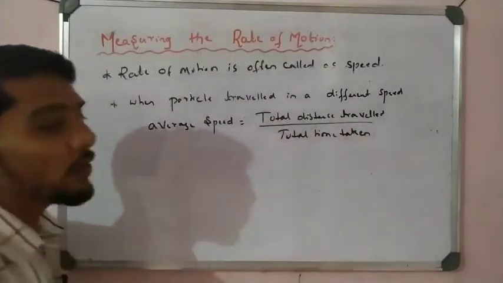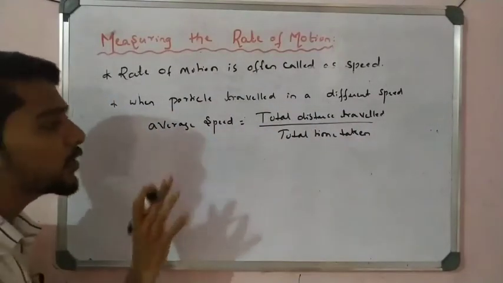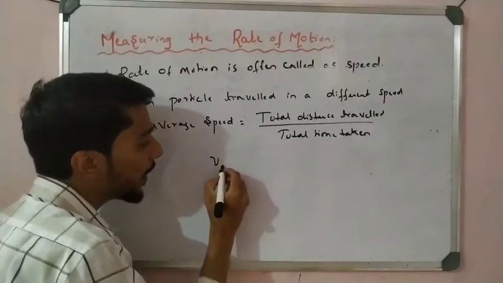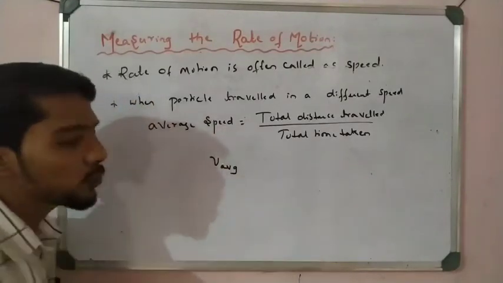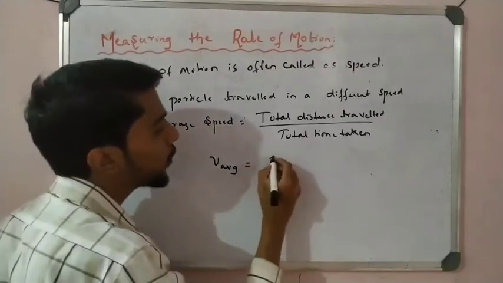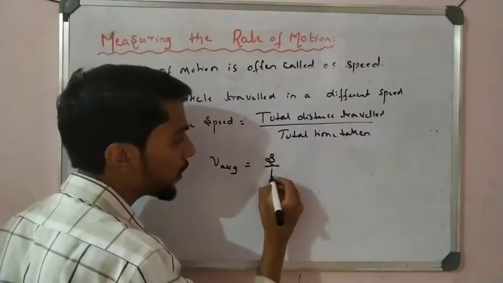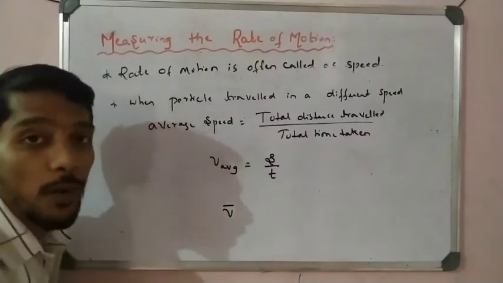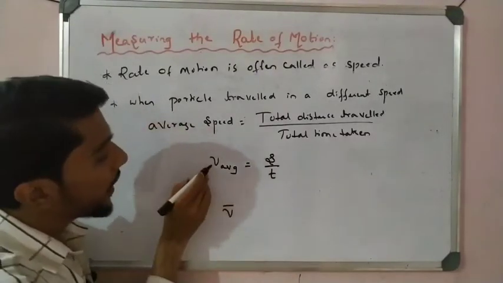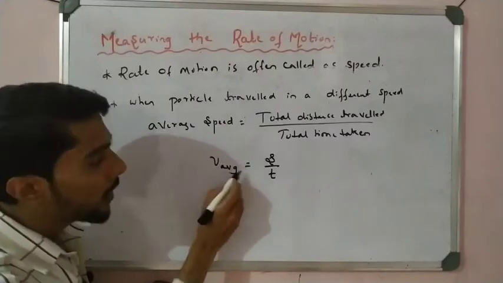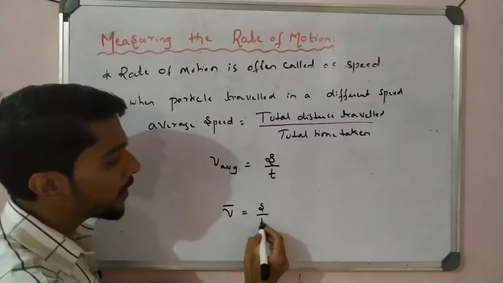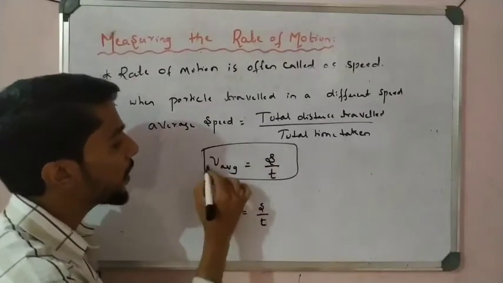That is the only difference: in speed we take only the distance traveled, but in average speed we take the total distance traveled divided by the total time taken. The average speed symbol is small v average, v average equals total distance by total time taken, or the average speed is also written as v bar. Both formulas, v average equals s by t or v bar equals s by t, show the average speed.